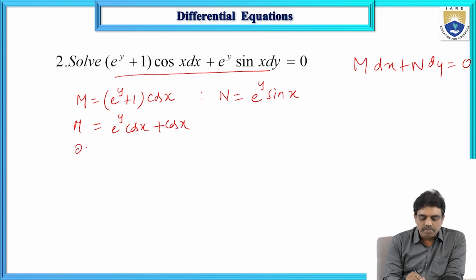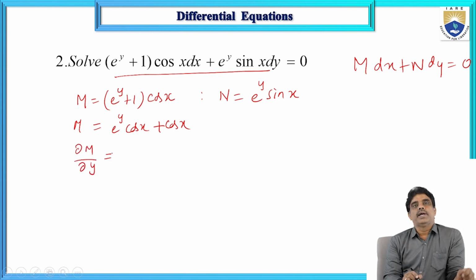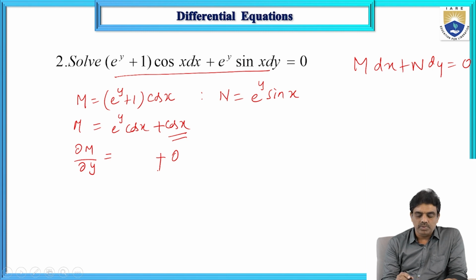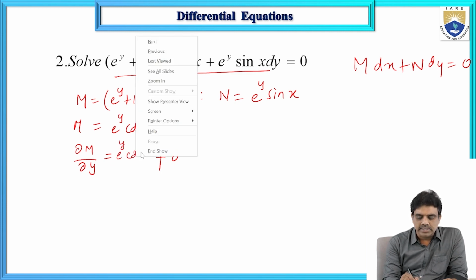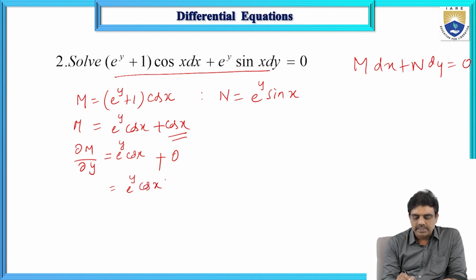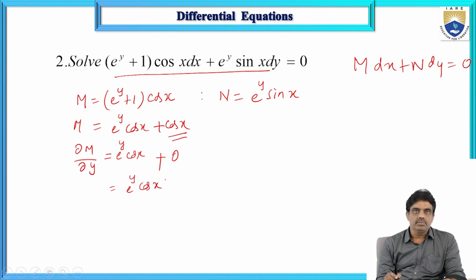Then what is ∂M/∂y, the partial derivative of M with respect to y? With respect to y, the second term cos x is a constant, so its derivative is 0. The derivative of e^y is e^y, and cos x is treated as a constant. So e^y cos x is the ∂M/∂y value.